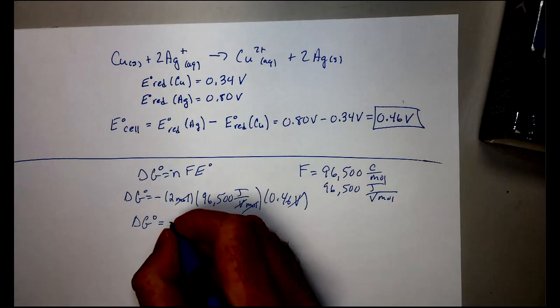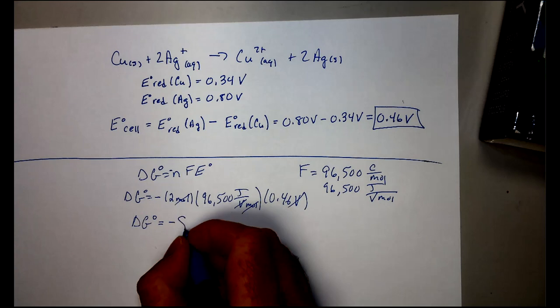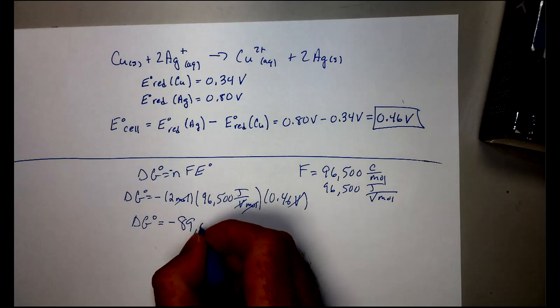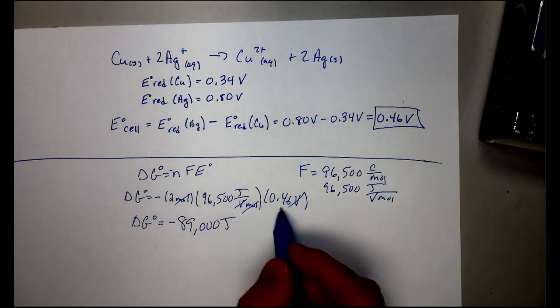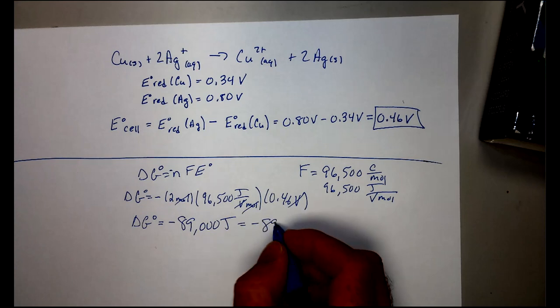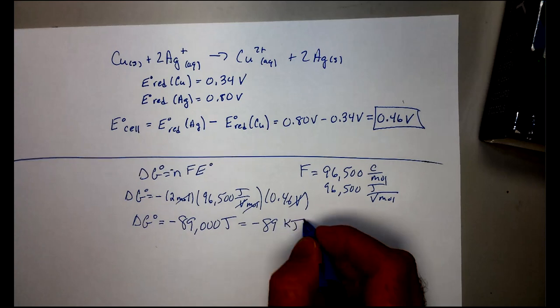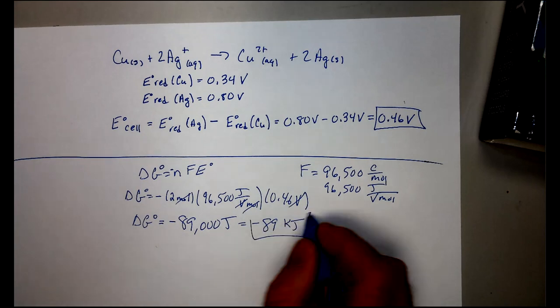You get a negative 89,000 joules, rounding to 2 sig figs because 0.46 is 2 sig figs, which is a negative 89 kilojoules, since delta G's are normally listed in kilojoules. And so that would be our answer.